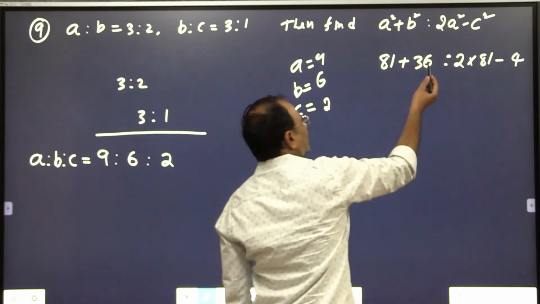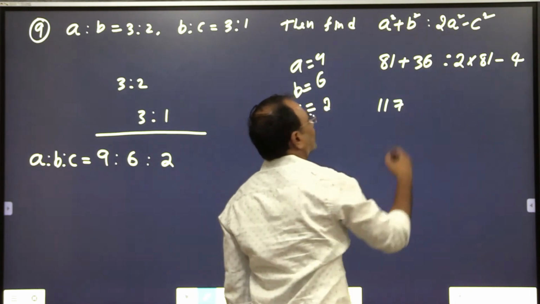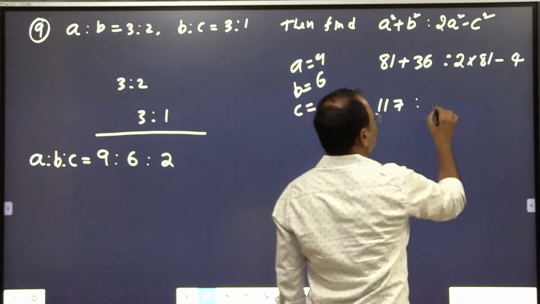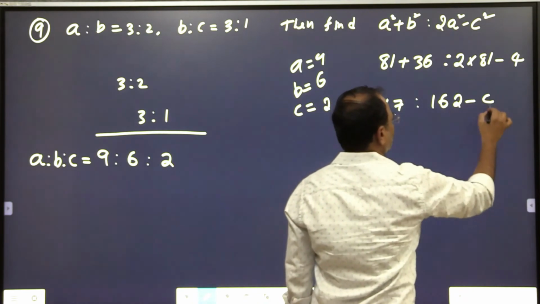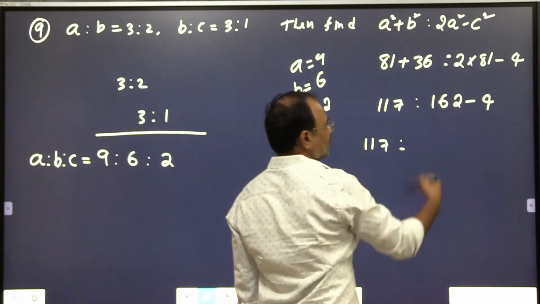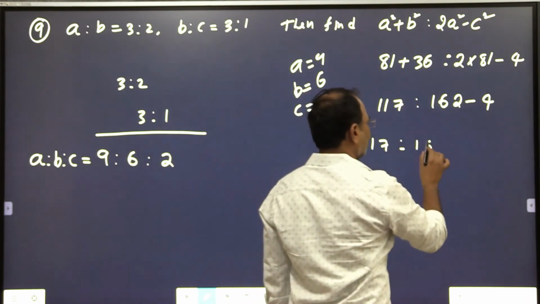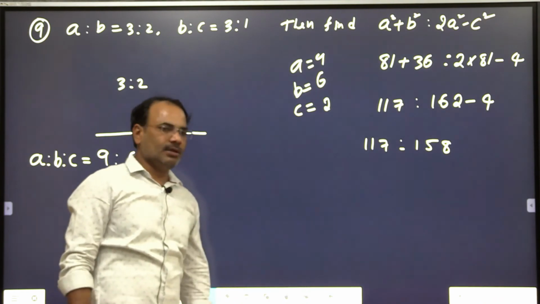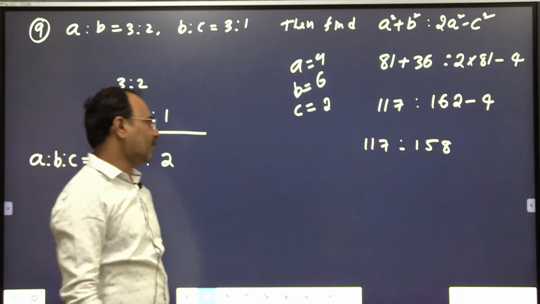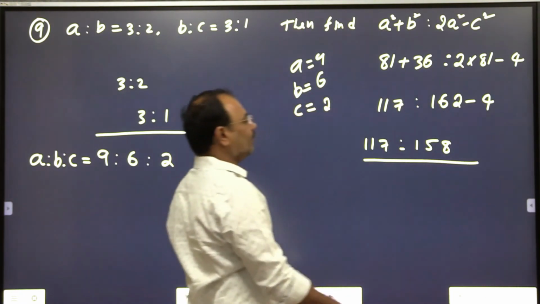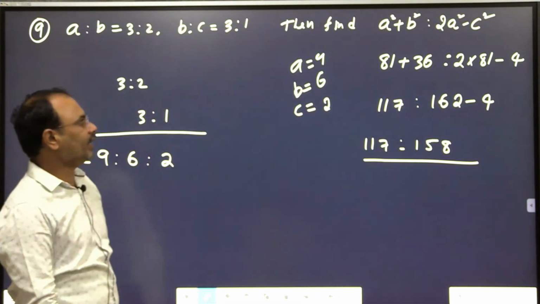So 81 plus 36 is 117, is to 81 twos 162 minus 4, that is 158. So 117 is to 158. There is no common factor of 117 and 158. So the required ratio is 117 is to 158. 117 is to 158 is the answer.